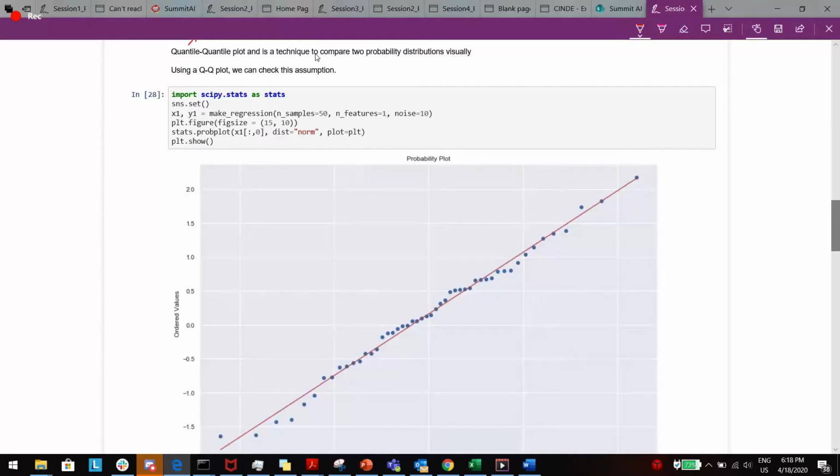For now, one more thing: if this particular assumption is violated, what will happen if your normality assumption is violated? This is one of the very tricky interview questions which I have come across.